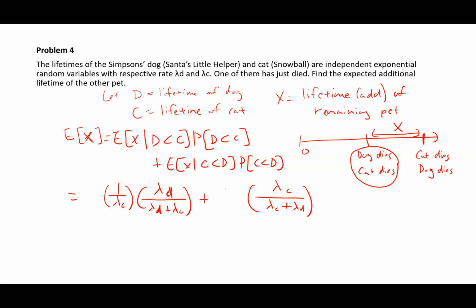The additional lifetime for the dog right when the cat dies is simply 1 over lambda D. Okay, so that's our answer. It's a pretty straightforward problem if you understand the picture. Let's move on then to the next problem, problem number 5.